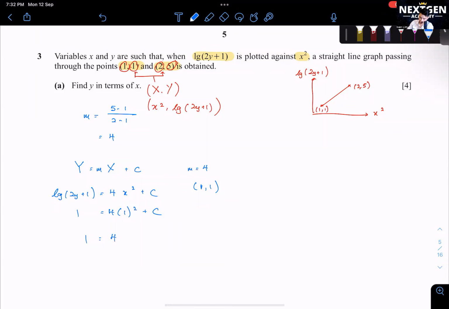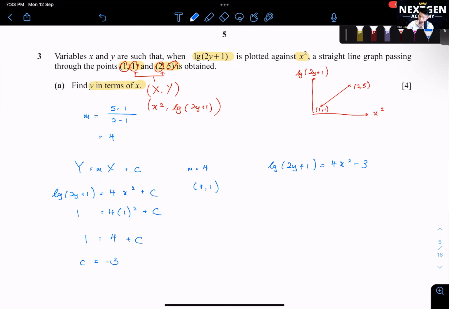So this will be 4 plus c, therefore c equals -3. Okay, so I have my equation ready. lg(2y + 1) equals 4x squared minus 3. This is the equation of the line, but the question says I want to find y in terms of x.